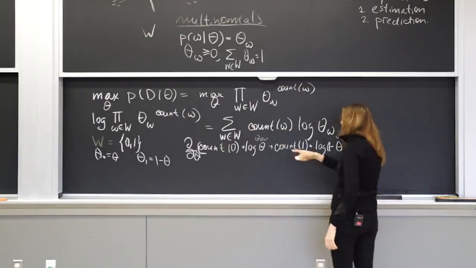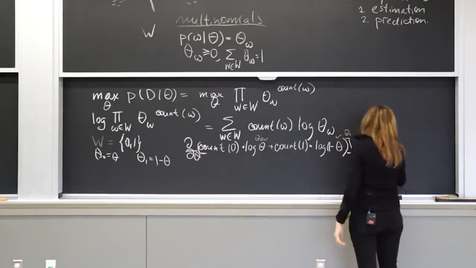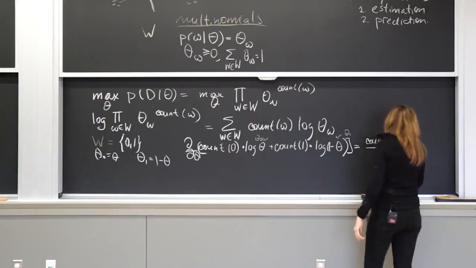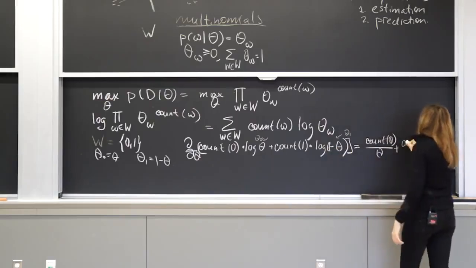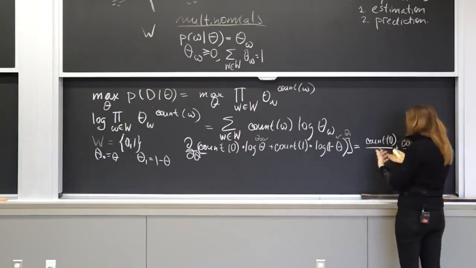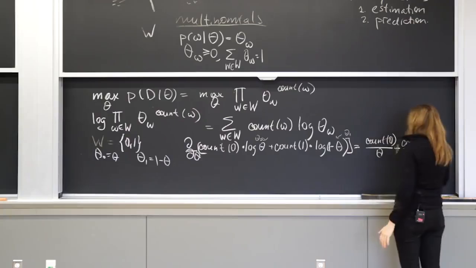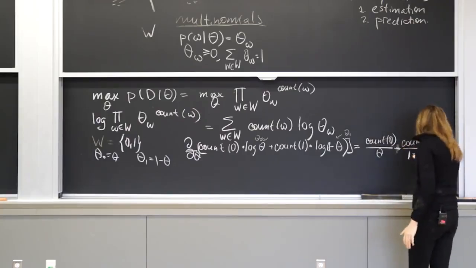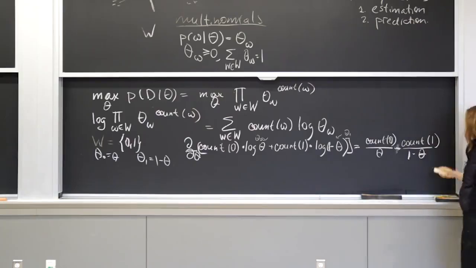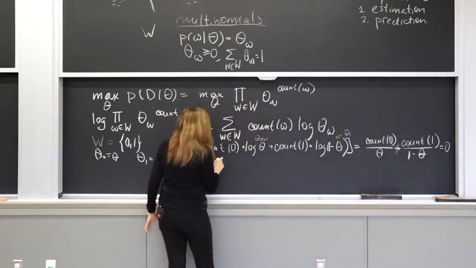And what we will get in this case would be count of the word 0 divided by theta plus count of 1 divided by, and I should say 1 minus theta, so we can just write minus count of 1 over 1 minus theta. Okay, so this is our new expression, and we need to make it equal to 0 to find our desired thetas. So in this case, we can just do this computation.